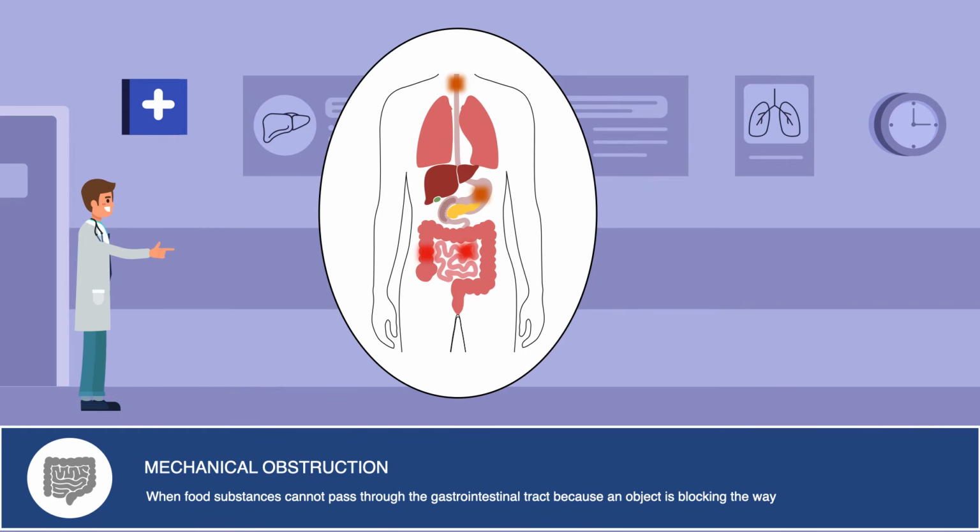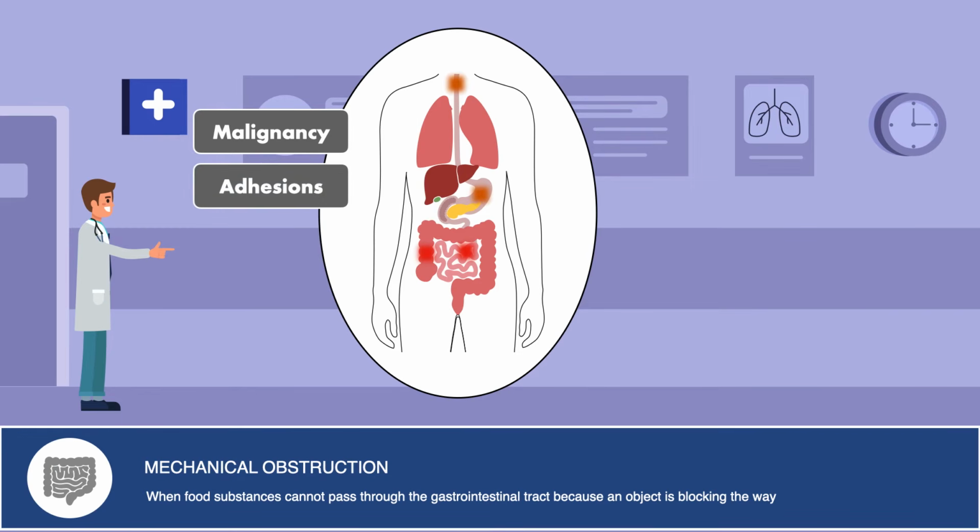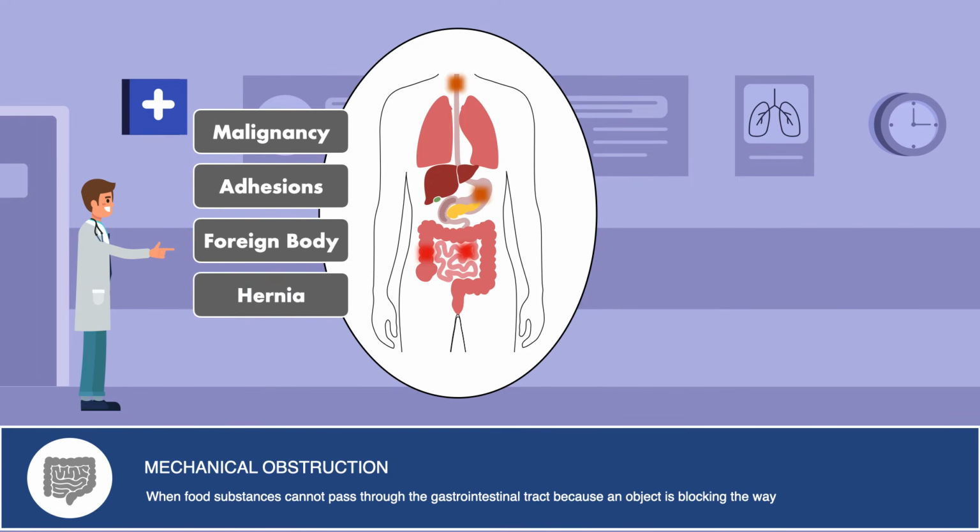Common causes of mechanical obstruction include malignancy, such as esophageal cancer, gastric cancer, and colon cancer, adhesions, or scar tissue, which can occur from past surgeries or trauma to the gastrointestinal tract, a foreign body, such as when someone swallows something or inserts an object deep into their rectum, and a hernia, which occurs when a part of the intestine breaks through the abdominal wall and gets pinched.